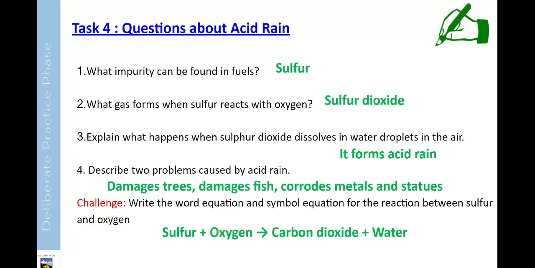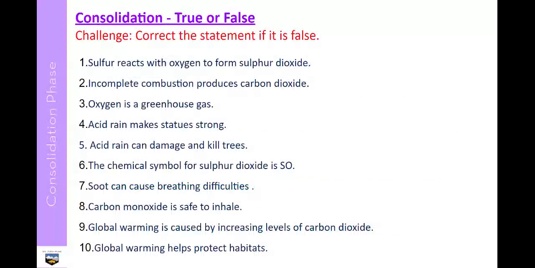So I do apologise about that typo. I will correct it. Make sure you're correcting it or not making that mistake that I've done. I just haven't corrected the products. So sulfur plus oxygen goes to make sulfur dioxide, and the symbol equation should be S plus O2 goes to SO2.